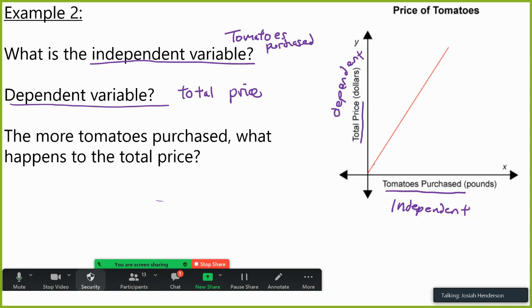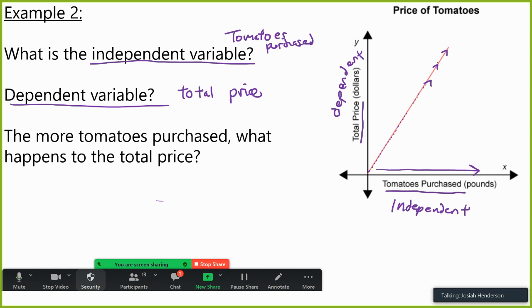So the more tomatoes purchased, that means as we go farther to the right on this picture. So as we move farther to the right, our line is going up, going upwards more and more.